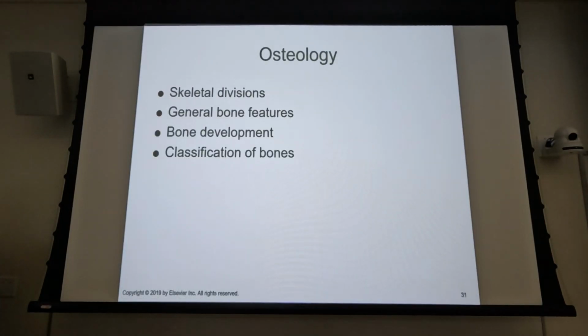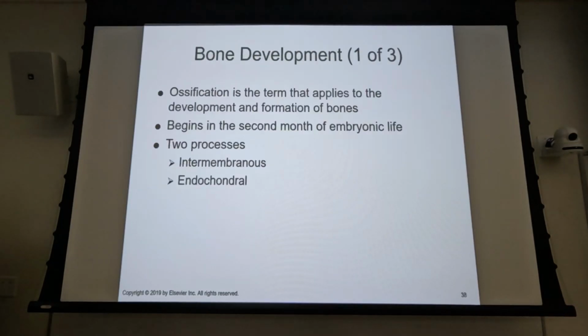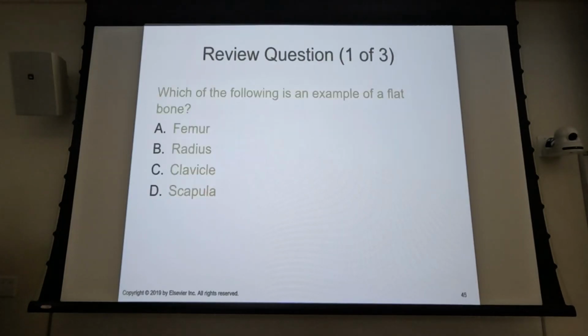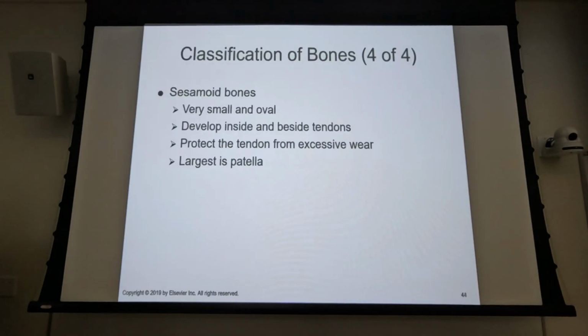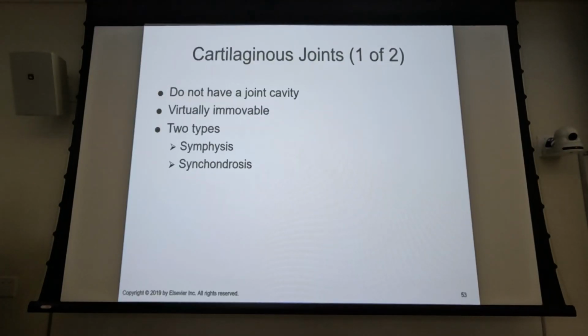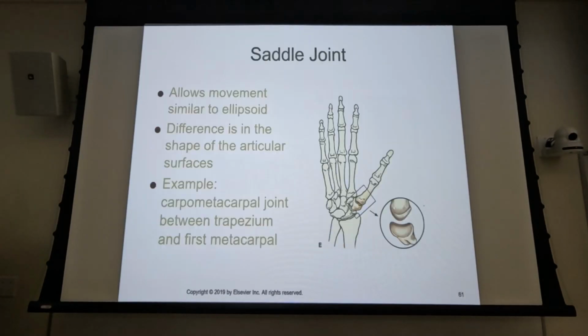Okay, so we're going to skip over osteology, and we're going to pick that back up when we start upper extremity. There's no reason for you to know these essentially for this test. Arthrology, even for the next test, we're not going to get real specific on.